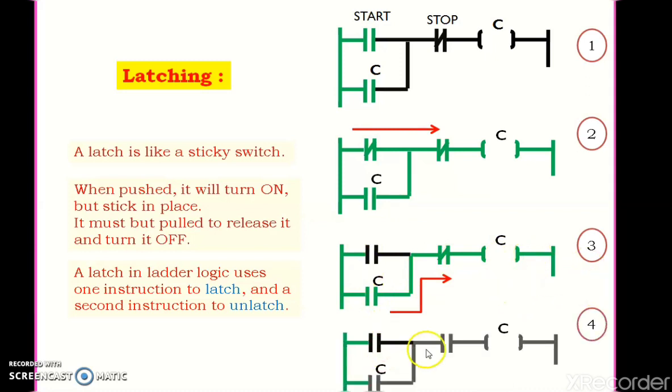When we stop or push the stop button, the coil will get de-energized, and because of this the switch will return to its original position and it will stop the actuator.